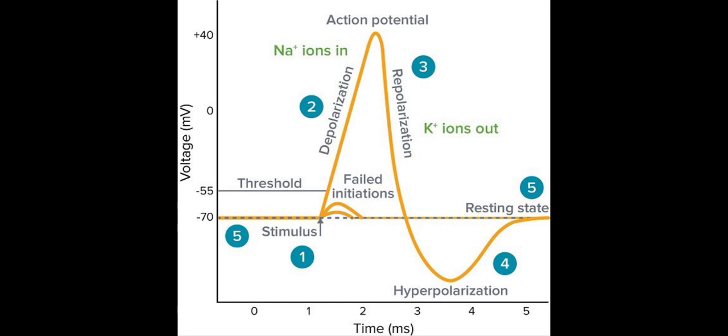The process enables neurons to rapidly transmit signals over long distances, facilitating communication within the nervous system. The action potential highlights the remarkable electrochemical dynamics that underlie the functioning of the nervous system.